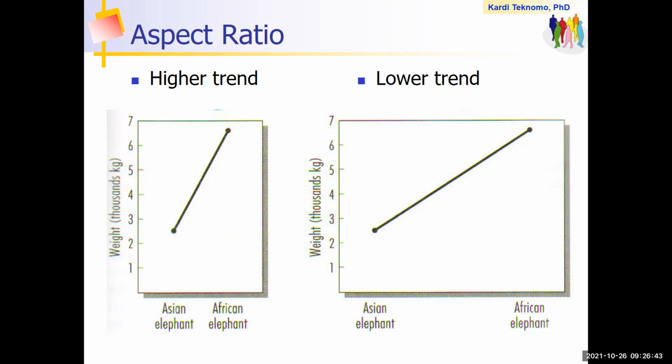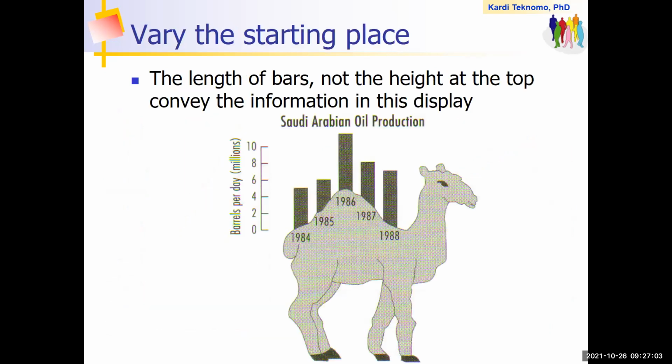Why? Because the width is longer. So a different aspect ratio, even if you have the same y-axis, also creates a different perception among the readers. Wow, right?